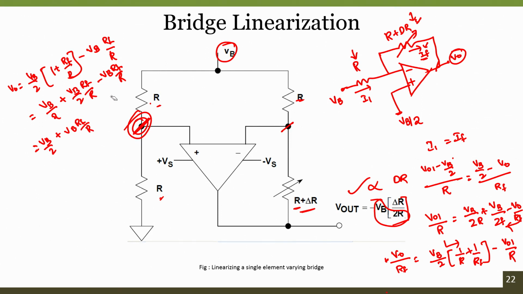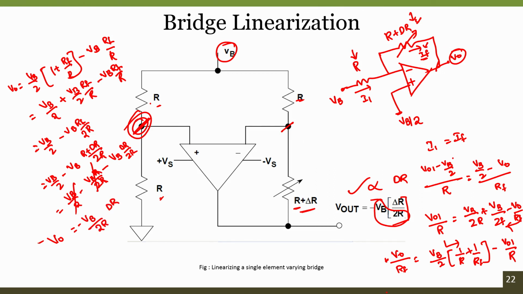So I can write this as Vb by 2 minus Vb into Rf by 2R. We know Rf is nothing but R plus delta R, so splitting it, Vb into R by 2R, the R's cancel, minus Vb into delta R by 2R. Now V0 is nothing but Vb by 2R into delta R.